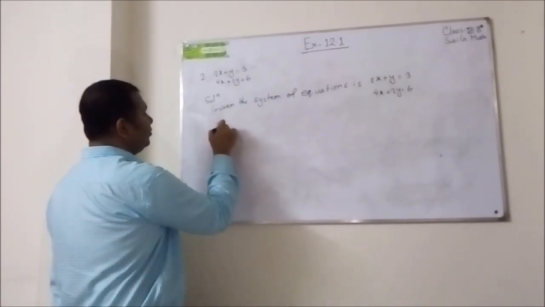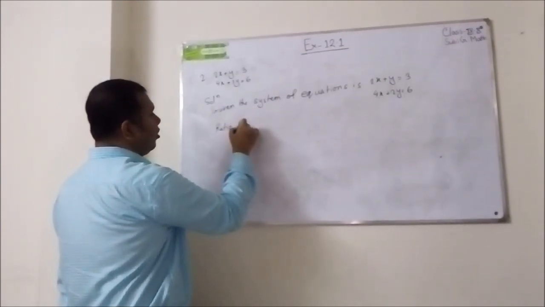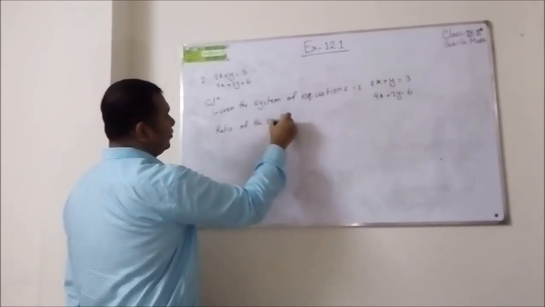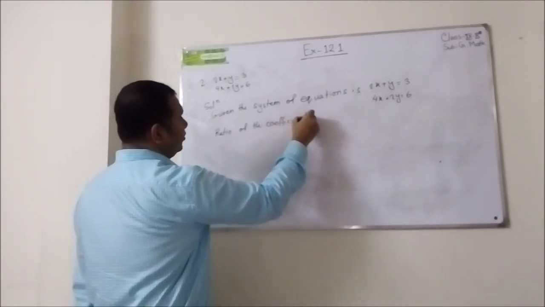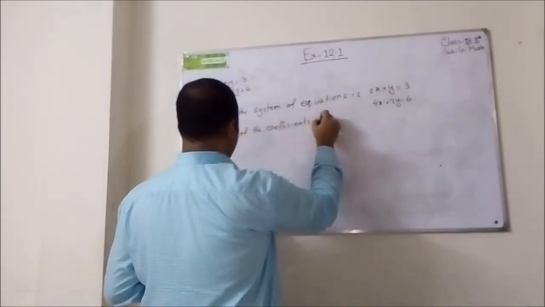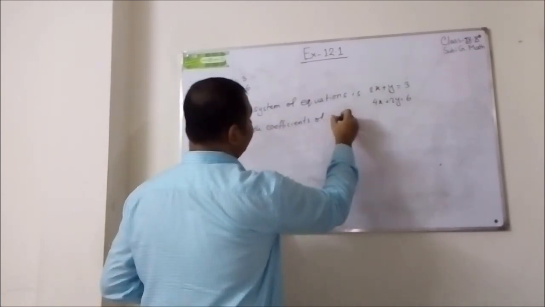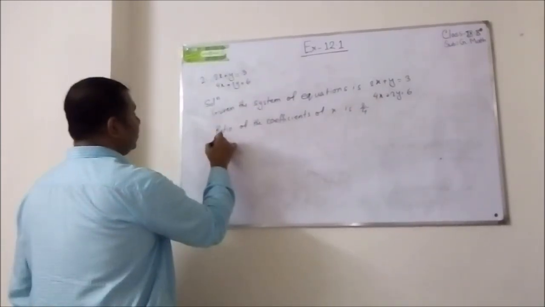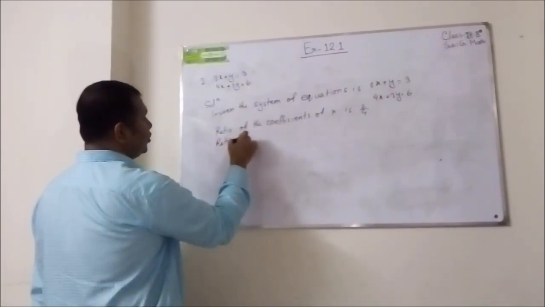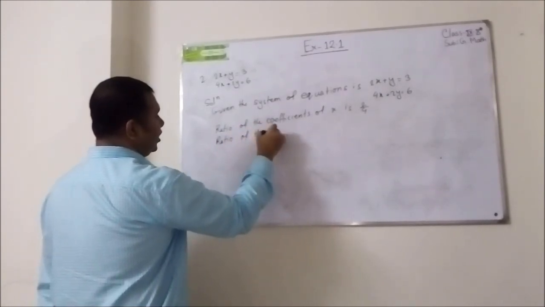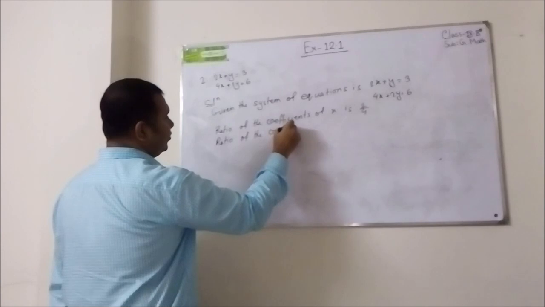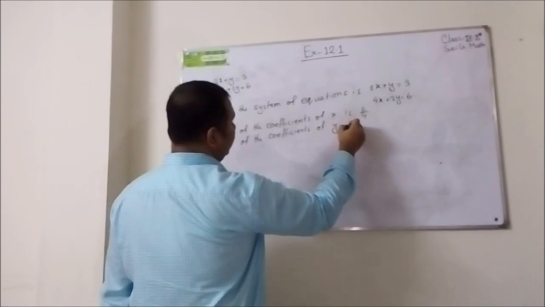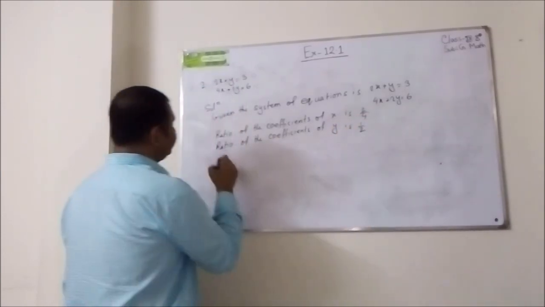So the ratio of the coefficient of x is 2/4. Ratio of the coefficient of y is 1/2.